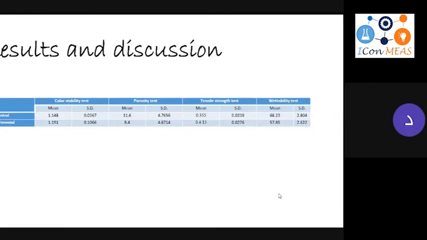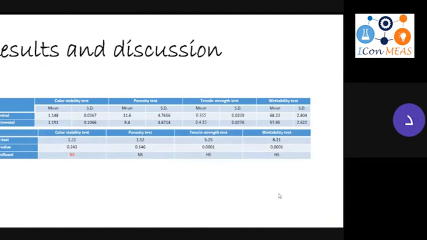Results and discussion. As presented in the following tables, the t-test parameters of color stability and porosity revealed no significant differences between the control and experimental groups, while a highly significant increase in tensile strength may be due to the extended strong interfacial adhesion as the functionalized nanoparticles would bind to the polymer matrix and improve the mechanical characteristic of acrylic resin denture-based material.